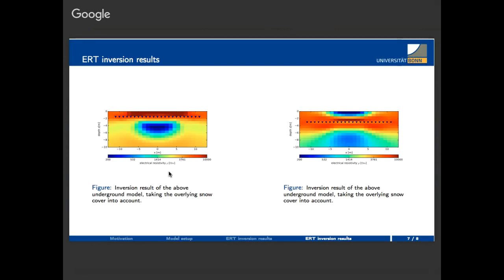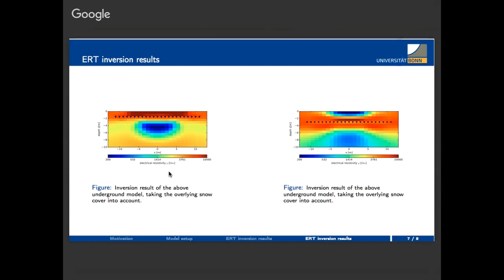I thought about this, and what happens is, if you have an anomaly mass that is not that deep but very close to the electrodes, right here, you see the same effect even when you have a very small snow cover.